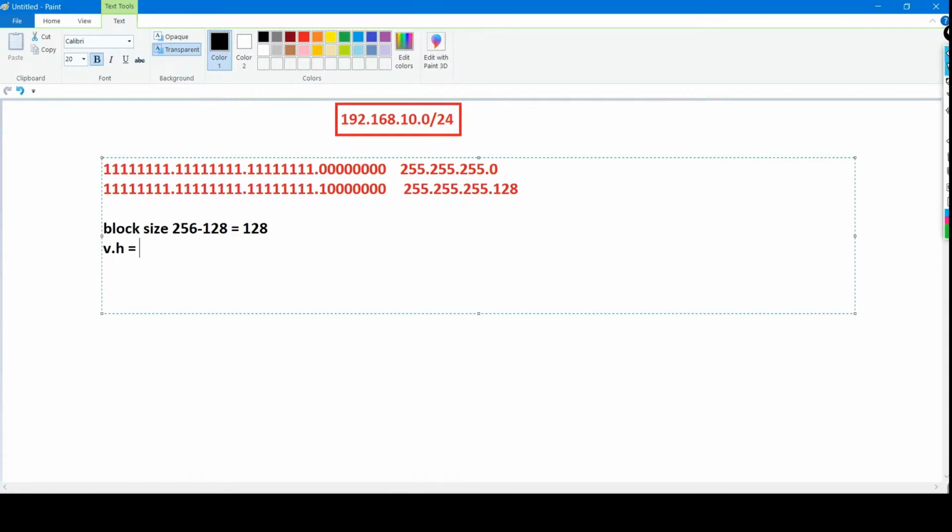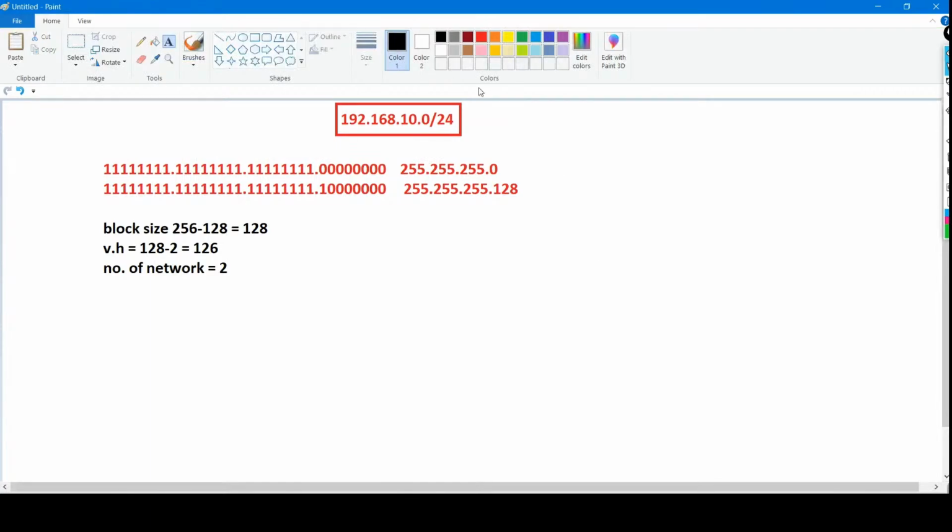There are 7 host bits, so 2 to the power 7 minus 2 is 128 minus 2, which is 126 valid hosts. And the number of networks is 2 to the power n, where n is the number of network bits borrowed from host bits. That means 2 to the power 1, which is 2.